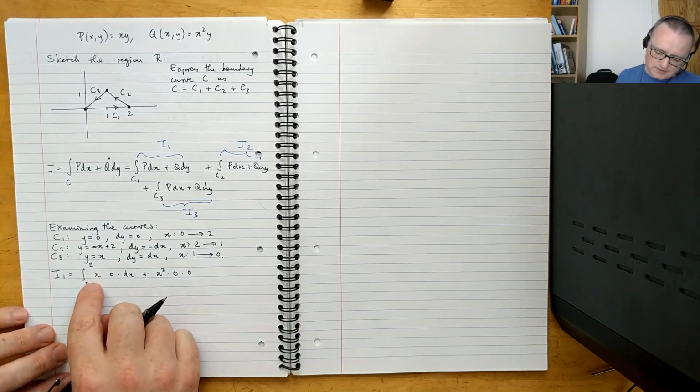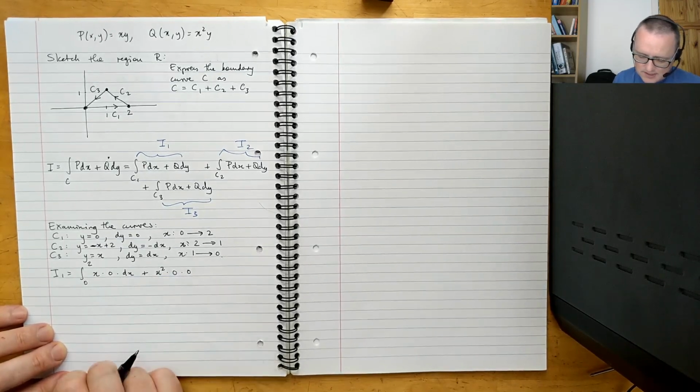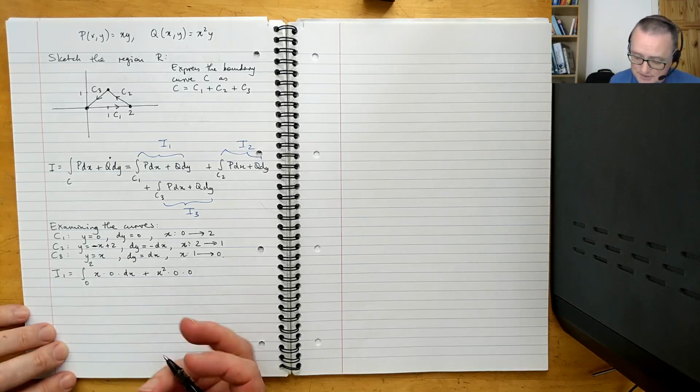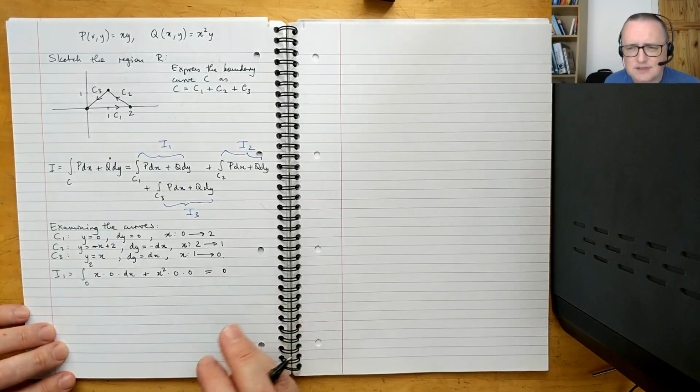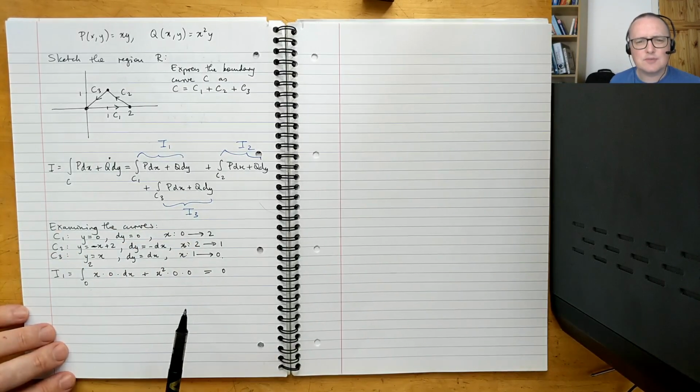So these are limits for the integral x, of course, but this is just 0. It doesn't survive, and of course this is all 0 as well. So you're just integrating 0 here. So the whole thing is just 0. So actually, the integral along C1 doesn't make any contribution to the overall integral because it's just identically 0.